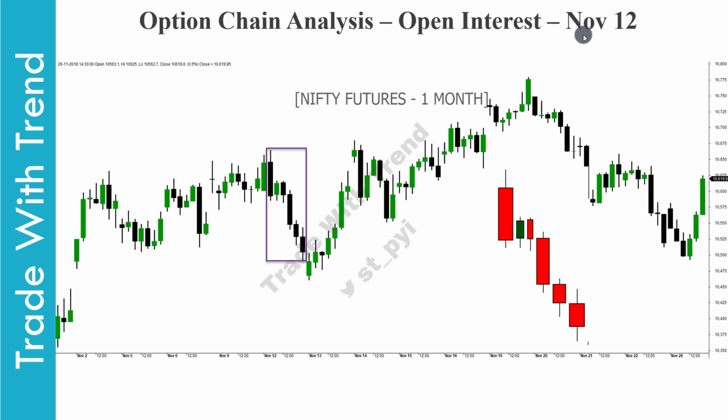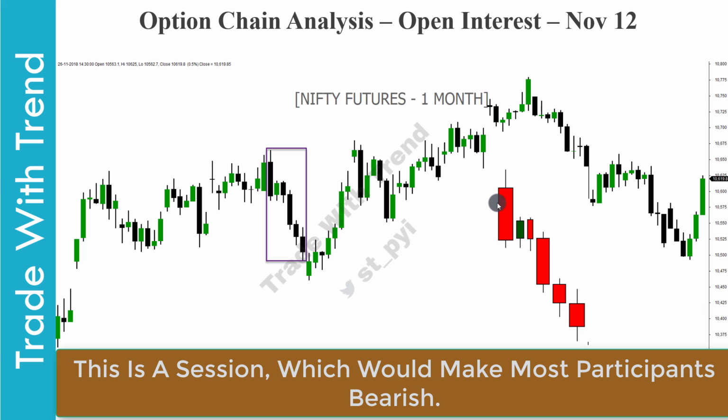In this particular session, price moved lower from 10,650 to 10,500. If you look at the candle volumes, there are strong supply candles visible on the chart. Two distinct supply candles are visible on the downside, signifying strong downward momentum for the day.